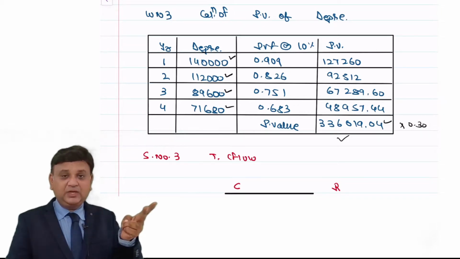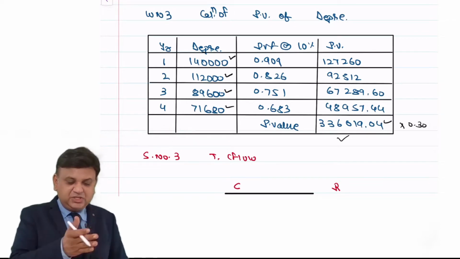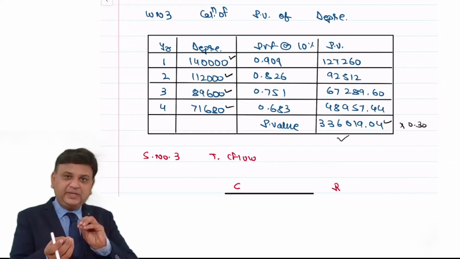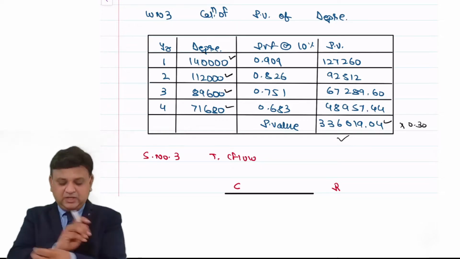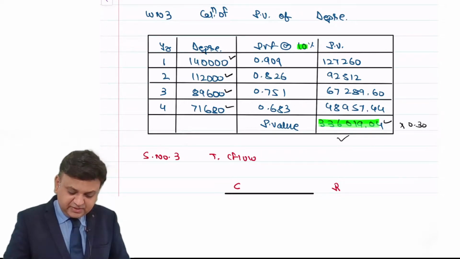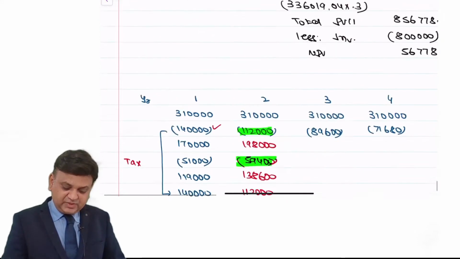Then you discount it to get the present value of the depreciation tax shelter. But I have changed the order. What I am doing is calculating first the present value of the depreciation, and that is then multiplied by the tax rate. That is what I have done over here.